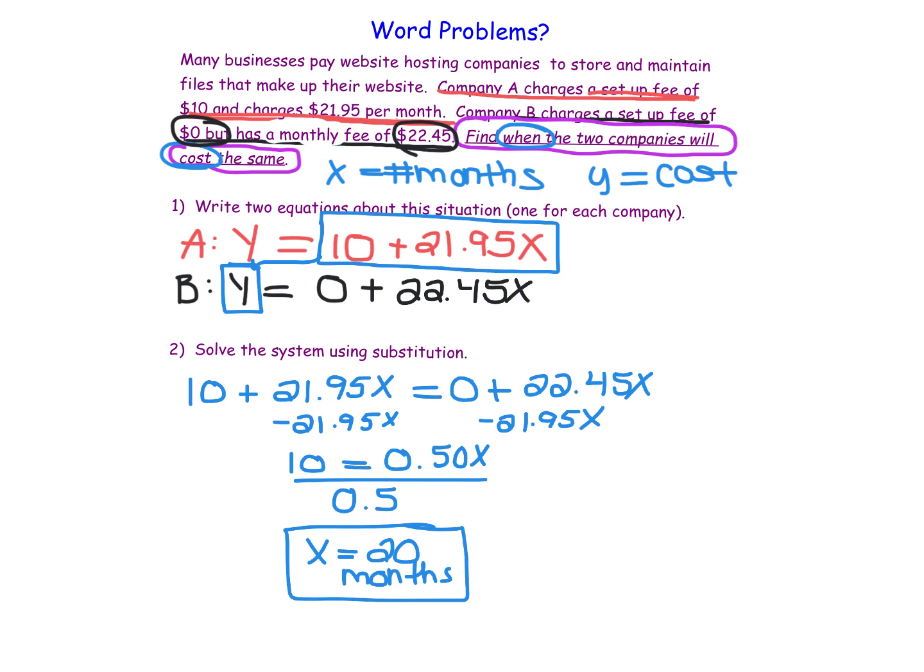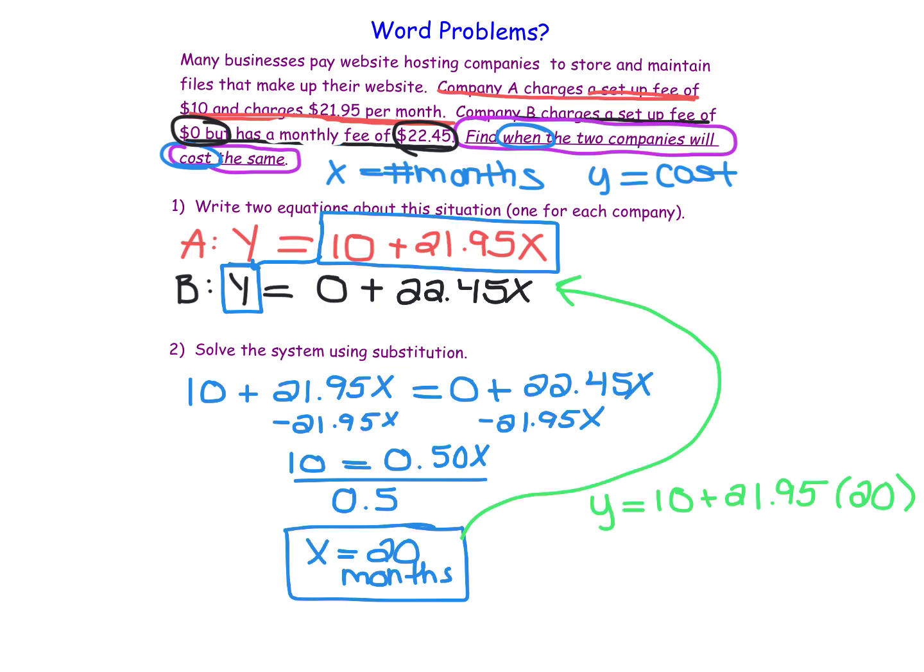So now if I want to find out what that cost is, what I can do is take the 20 months, I can substitute it back into either of these situations. So here, if I take the first situation and I want to find my cost at 20 months for each company, we have y equals 10 plus 21.95, and I'm going to replace x with 20 because that is what x is equal to when these two companies have the same cost.